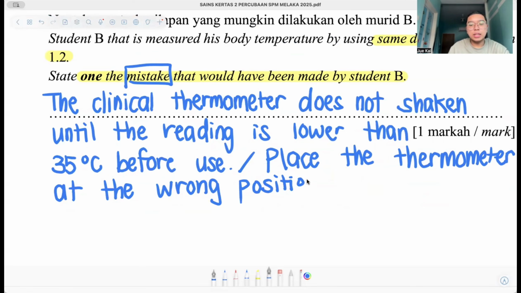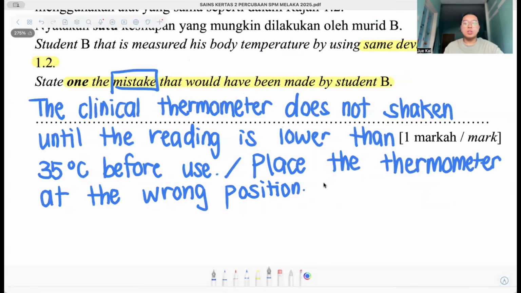Okay, done. So either you write this one mark, or you write this 1 mark also. Done. That's all.